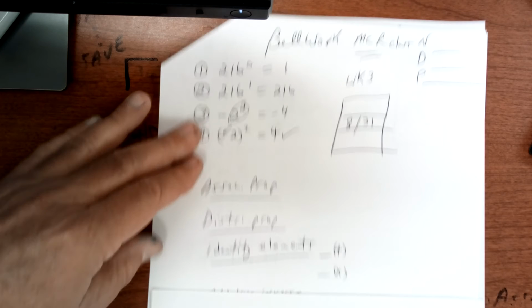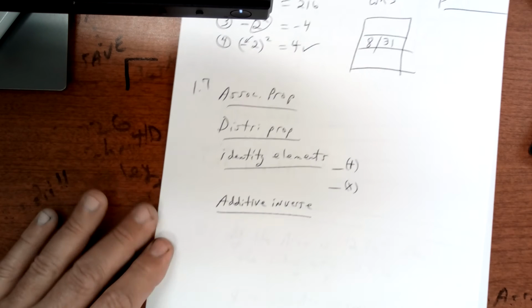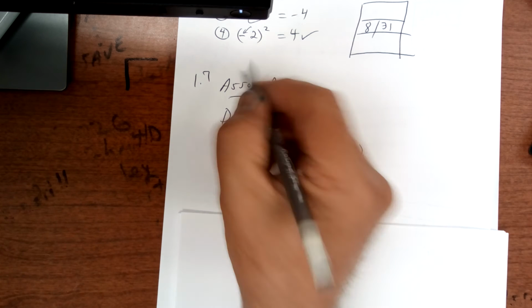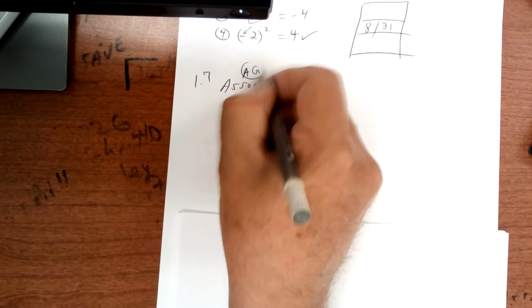All right, let's talk about these properties. On a new sheet of paper, copy those down. They're in your book, okay? The associative property, I remember it as AG, and you just regroup.